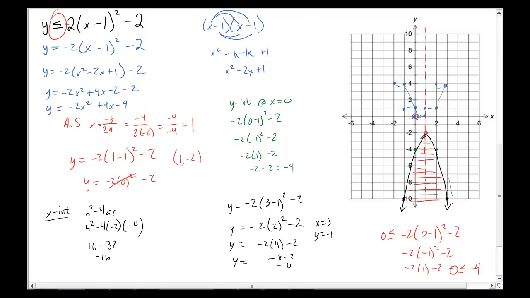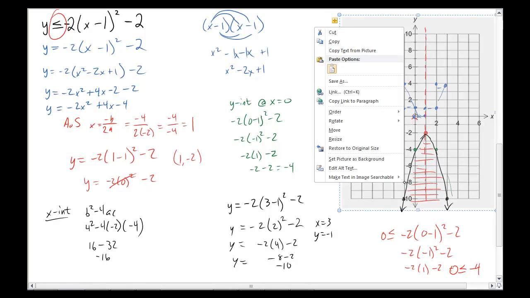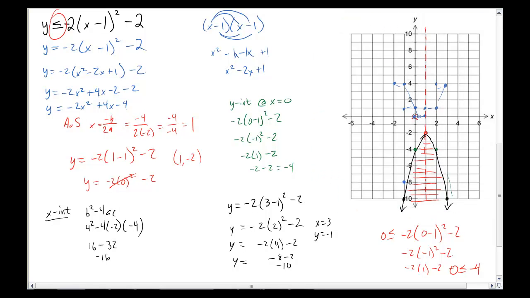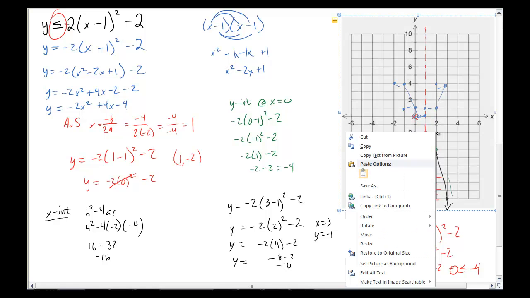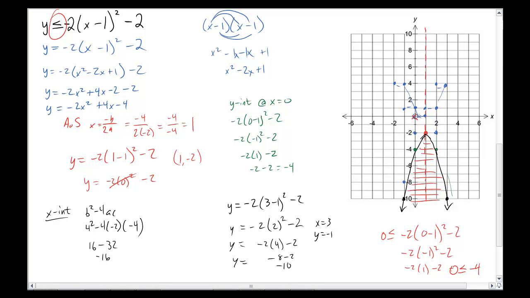So I'm going to take each of these values, 4, multiply it by negative 2, which will give me negative 8. This one right here, 1, which multiplied by negative 2 will give me negative 2. 0, which multiplied by negative 2 will still be 0, of course. And then 1 right here, which multiplied by negative 2 will give me negative 2 still. Then 4 again, multiplied by negative 2 will give me negative 8.